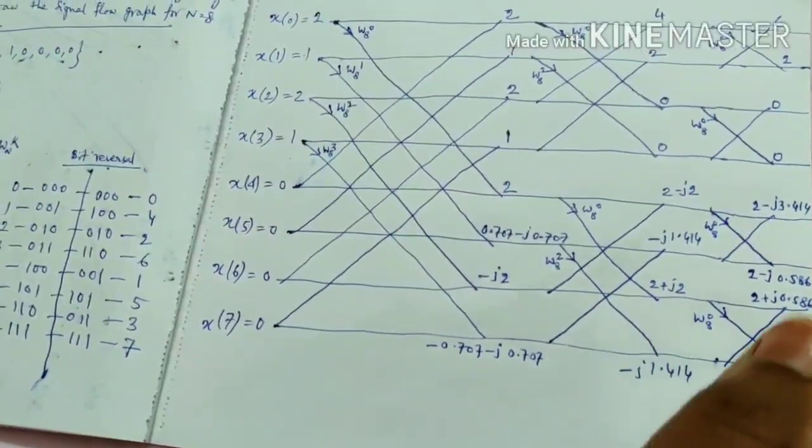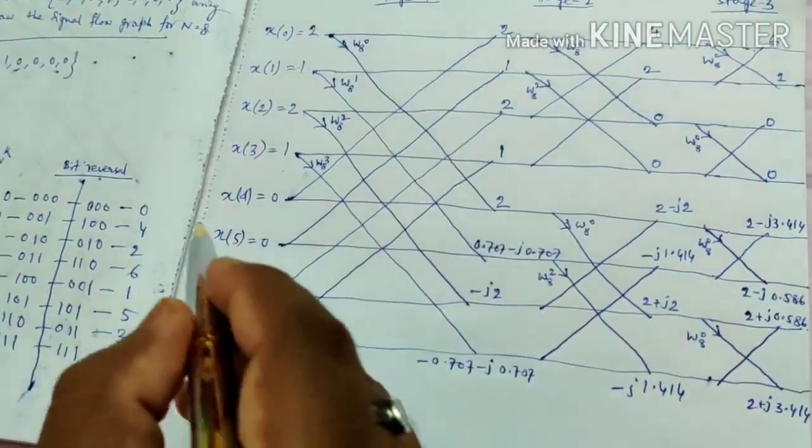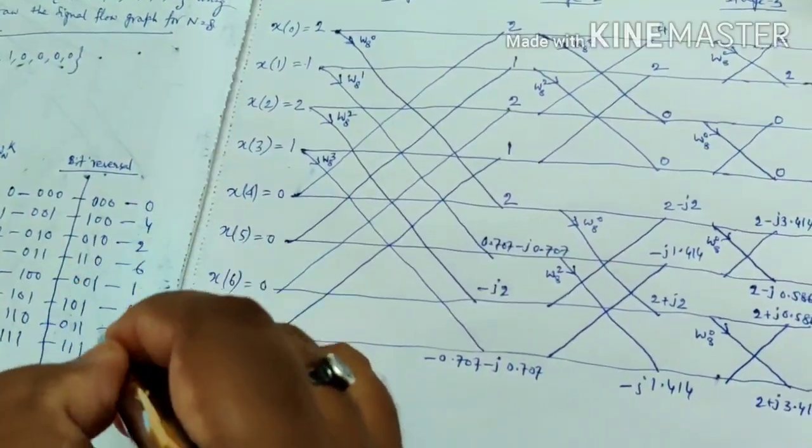So the output sequence will be in bit reversal form in DIF.